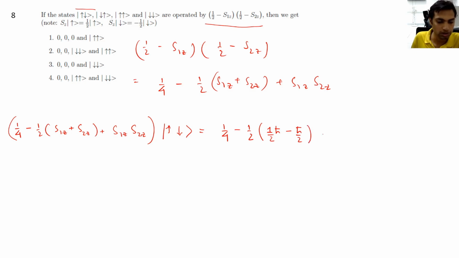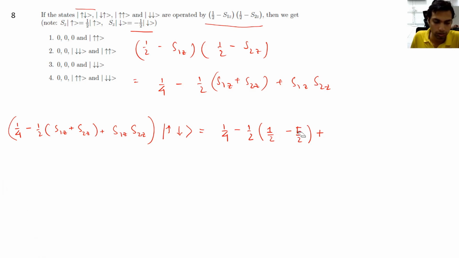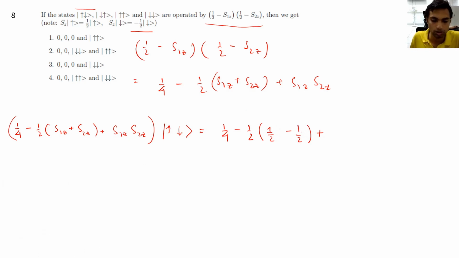Here there is no ħ, so we just have to write plus half and minus half. So when S1z operates on this, we get plus half, and S2z on spin down gives minus half, and this will always be the eigenvalue.